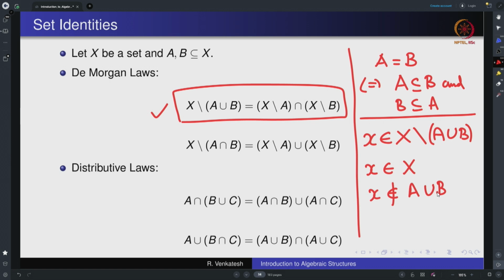Now if x is not in A union B, what does that mean? That would immediately imply x is not in A and x is not in B, because if it belonged to one of them, then it would belong to the union. So, that tells you that it cannot be in either.